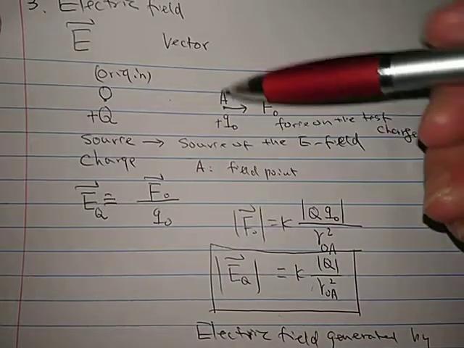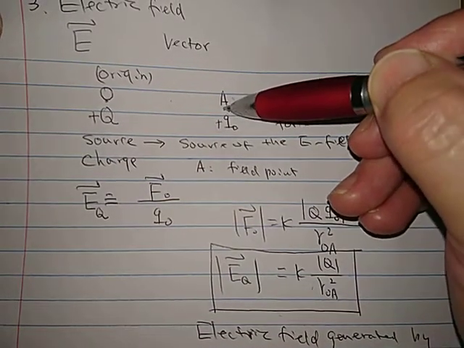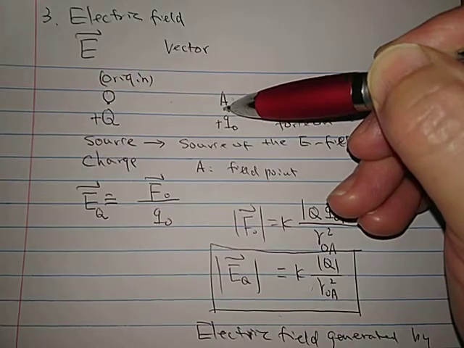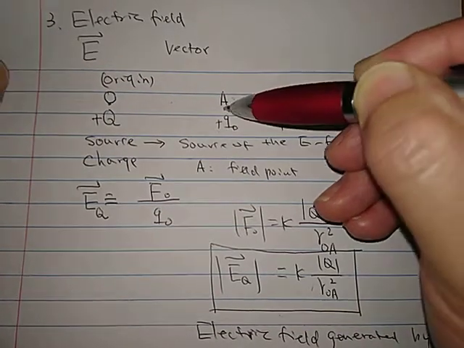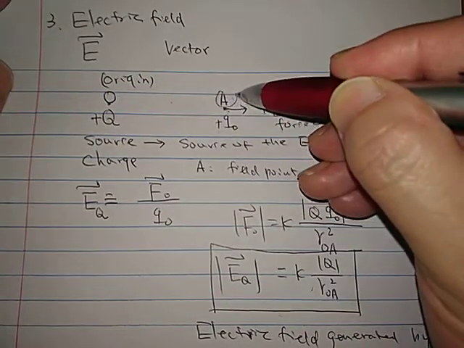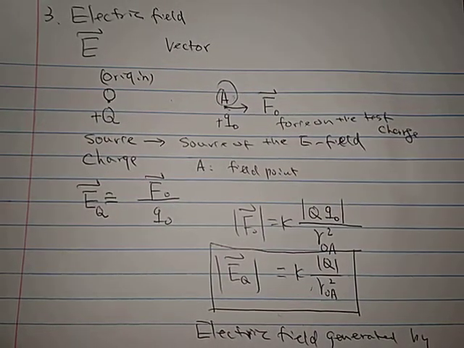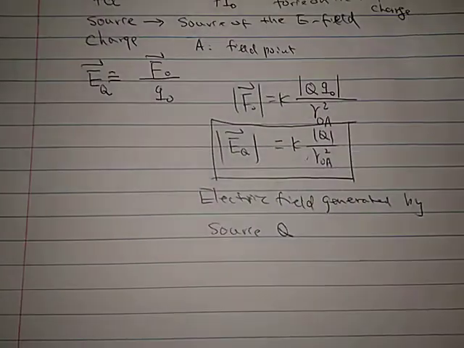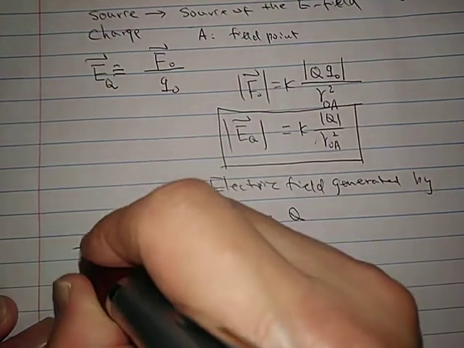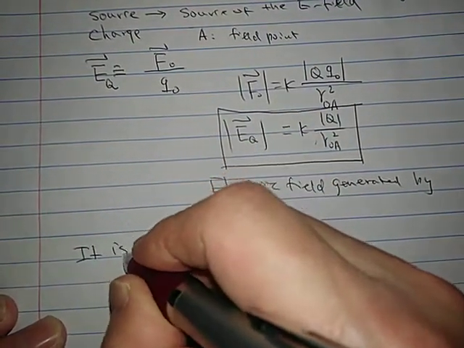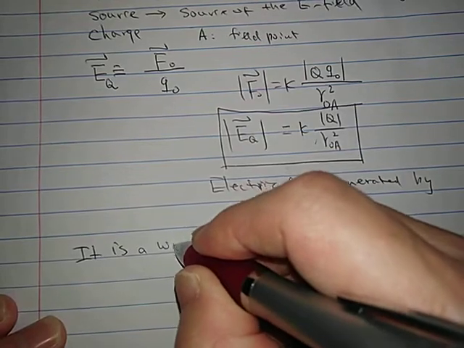So then in order to identify at which point this field is, we put A over there, just to tell me which location of the field you are interested in. Now, therefore, it is a wrong question. Let me write this down.